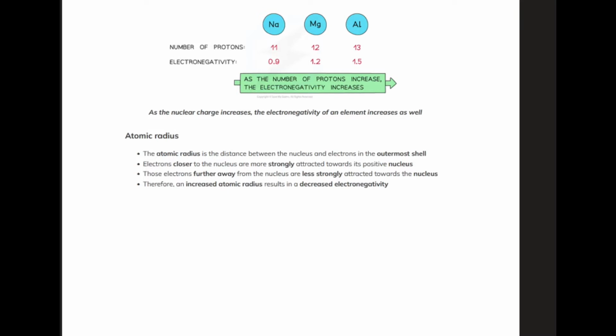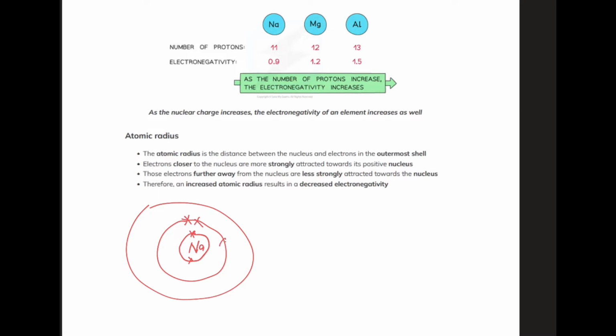Let's say, for example, you have sodium. 1, 2, 3 shells, 2 electrons, followed by 8 electrons in the second shell, followed by 1 electron. So the atomic radius is from the center of the nucleus to here, the blue one.